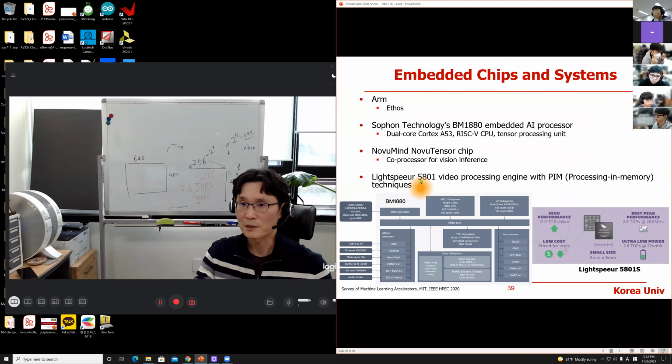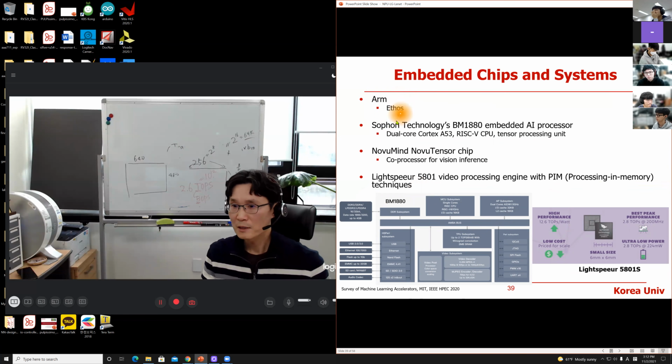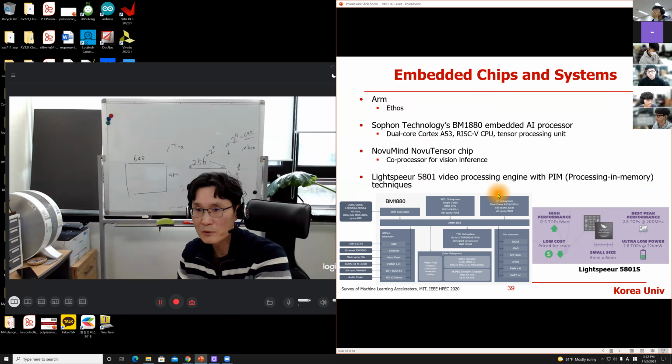And the embedded domain, ARM Ethos. One special thing about this slide, I think, is this one: the video processing engine.